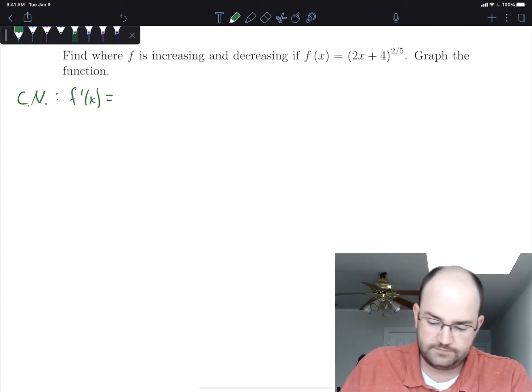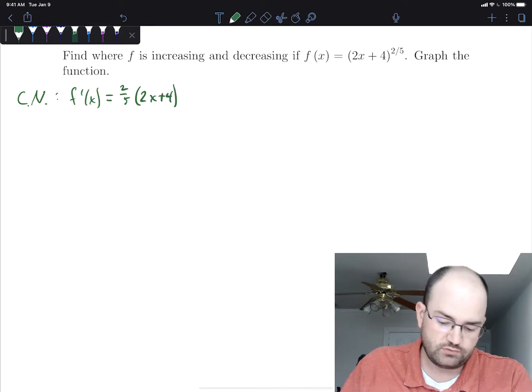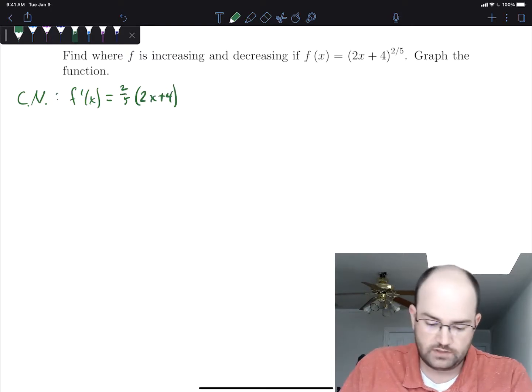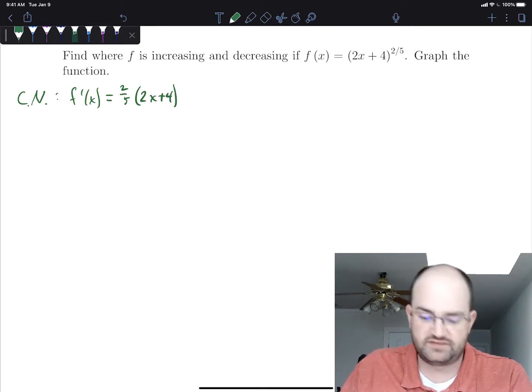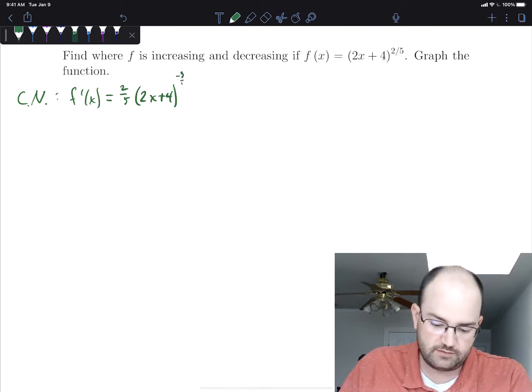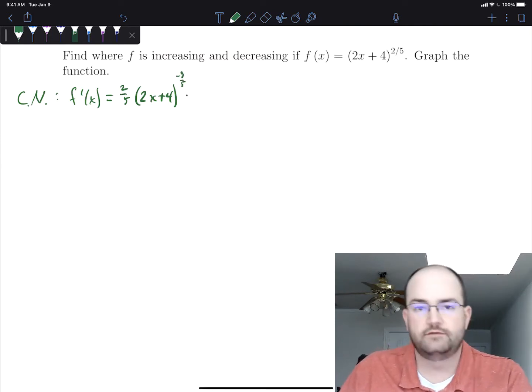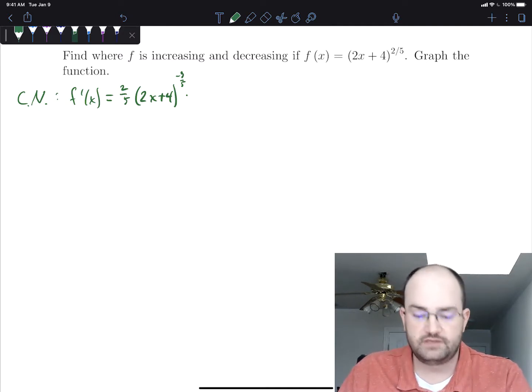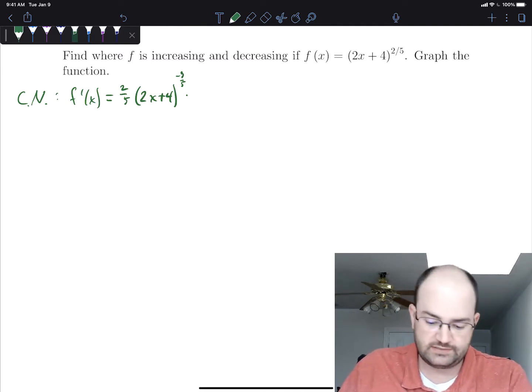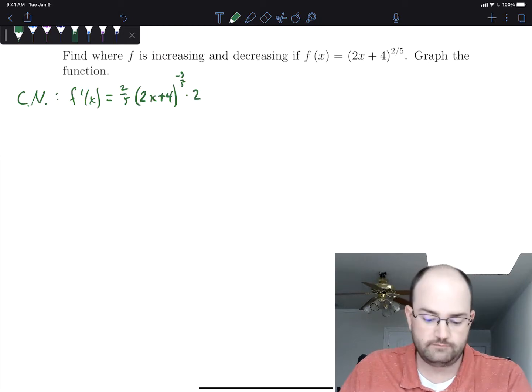So to do that, bring the 2/5 down in front, then rewrite the parentheses, because we're using the chain rule here, and then subtract 1 from the exponent. 2/5 minus 1 is negative 3/5. And then multiply by the derivative of the inside. The derivative of 2x is 2, and the derivative of 4 goes away.